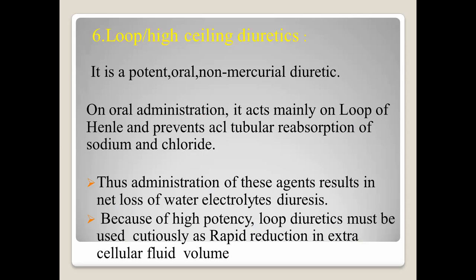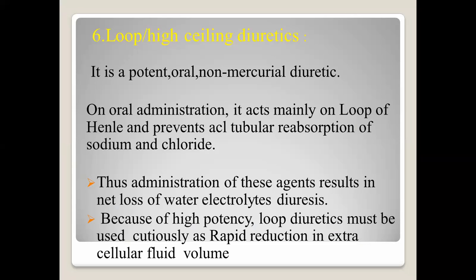Then next class, loop or high ceiling diuretic. Roll number 52, read the slide. It is a potent oral or non-mercurial diuretic. On oral administration, it acts mainly on the loop of Henle and prevents tubular reabsorption of sodium and chloride.